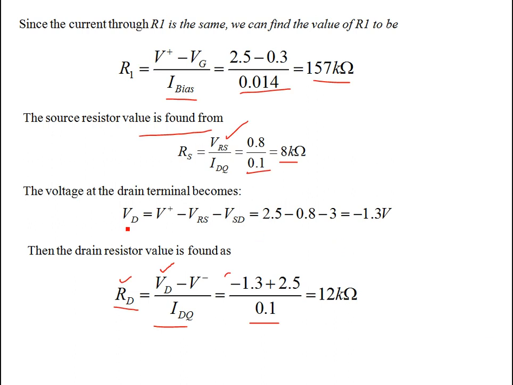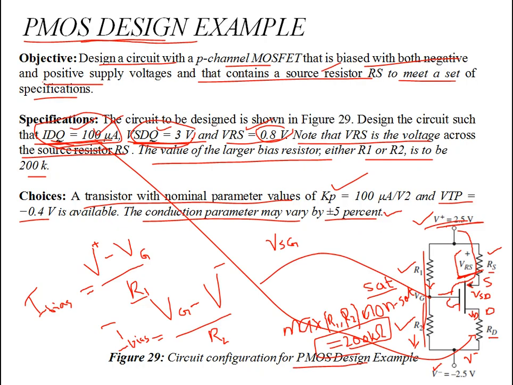How to find VD is to use the KVL at the output loop of the transistor. In the output loop you have V plus, then minus VRS, that's the voltage drop across the source resistance, and then you subtract VSD, where the transistor is biased.